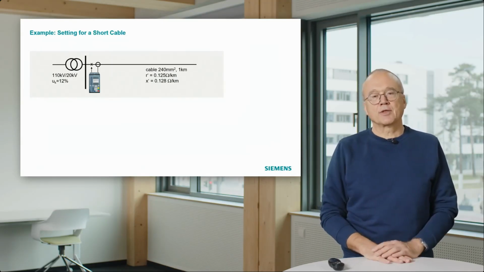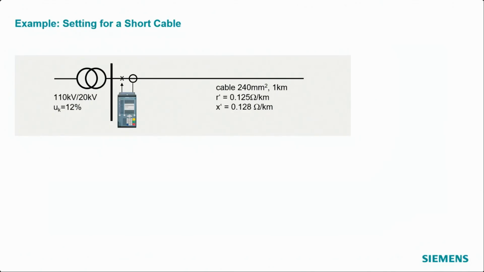And you see here the ohms per kilometer for the resistance and for the reactance, 0.12 something. They are both in the same range. And that shows us already a bit of a difference between overhead lines and cables, and also depending on the voltage level, you have a different line angle here.